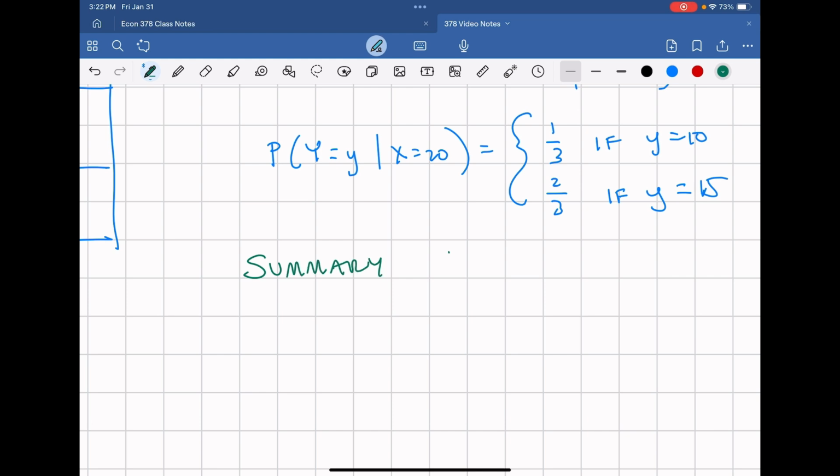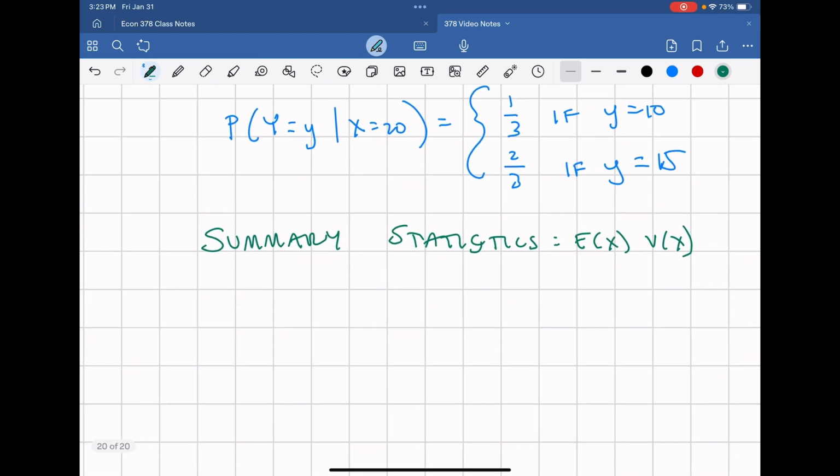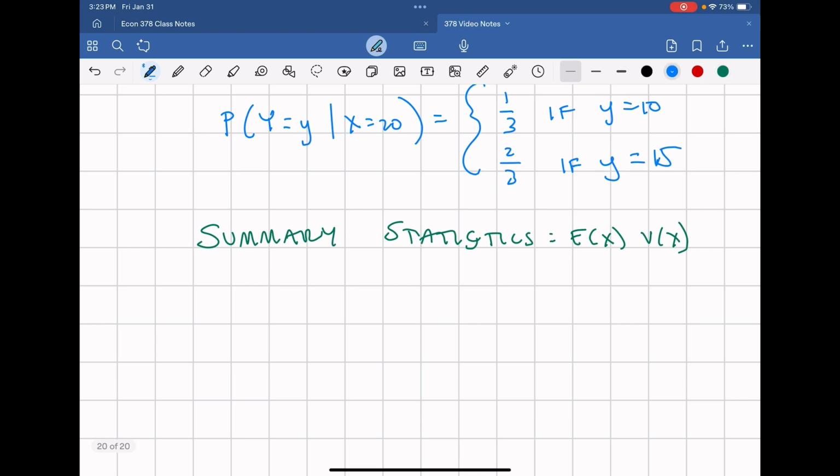Now let's look at one last thing we can do with this. From these we can calculate our summary statistics, which is typically the expected value of x and the variance of x, and also the standard deviation. Well, let's suppose we're going to look at the expected value of x.